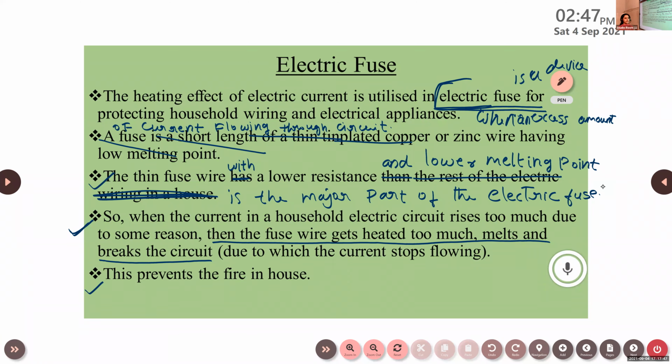And then how does it protect our electrical appliances? Whenever an excess amount of current is passing through the electrical appliances, our fuse wire becomes too hot and breaks, thereby stopping the flow of current through the electric circuit. As a result, it prevents fire in the house.